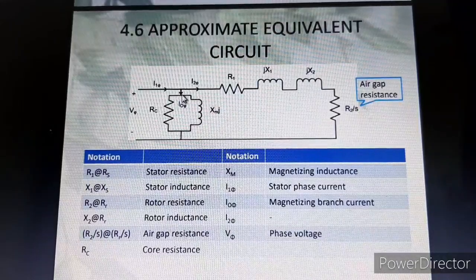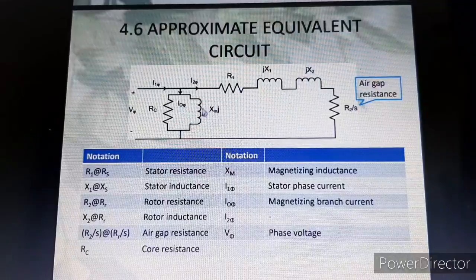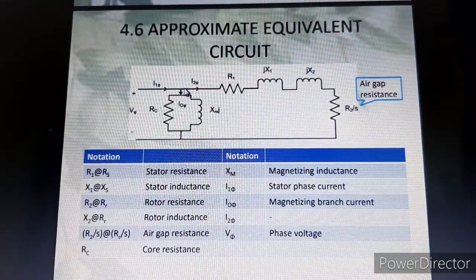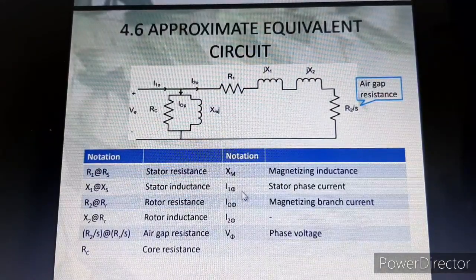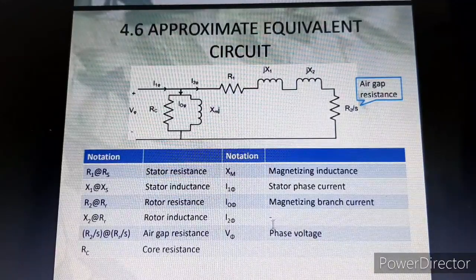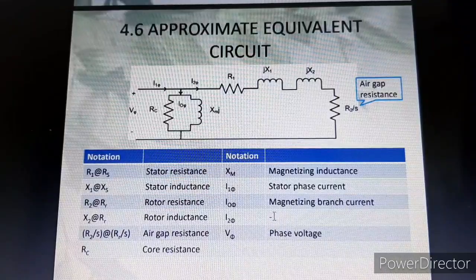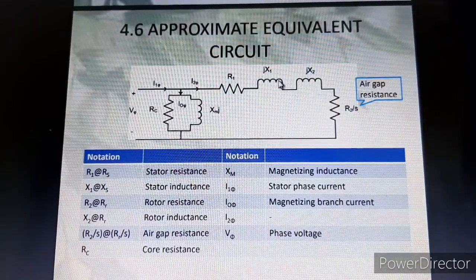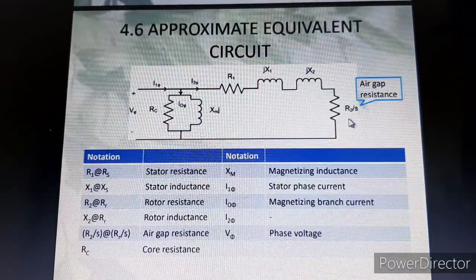I0 phase goes to the magnetizing branch, so I0 phase is called the magnetizing branch current, while the current on the other path, I2 phase, has no specific name, but it flows through R1, X1J, X2J, and R2 over S.